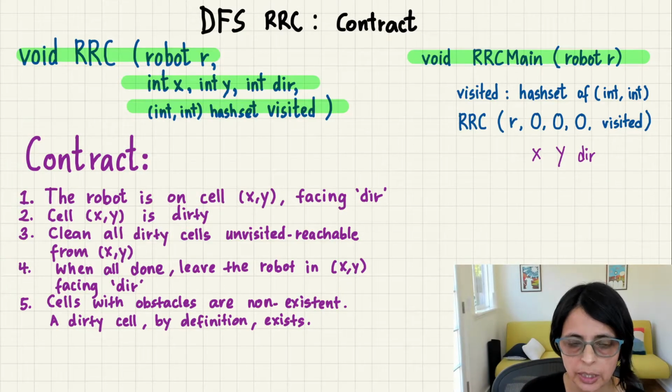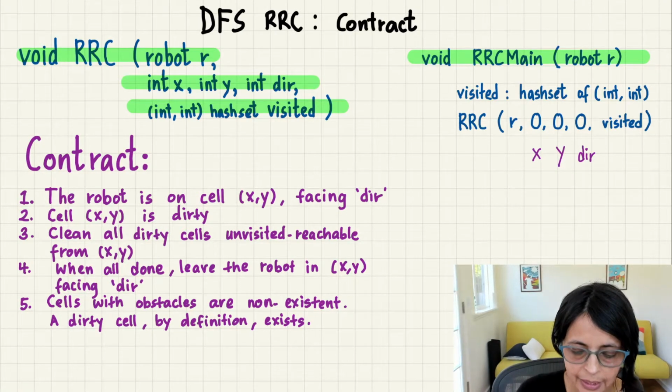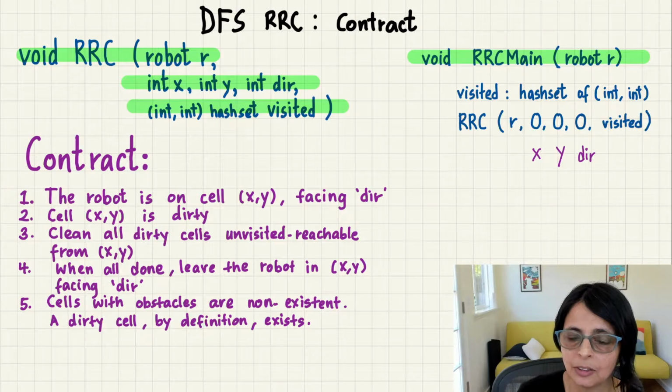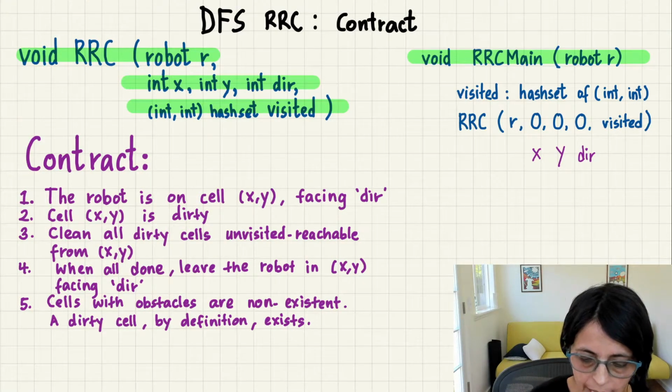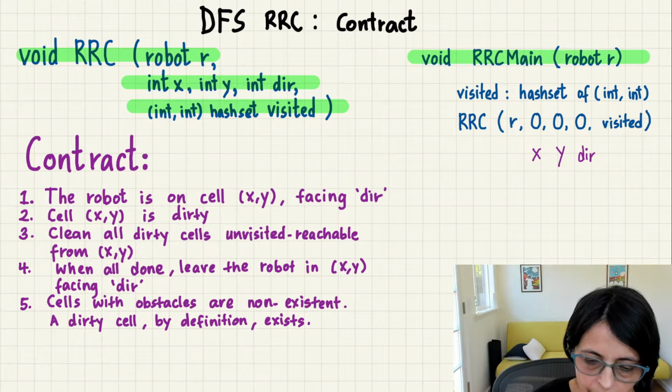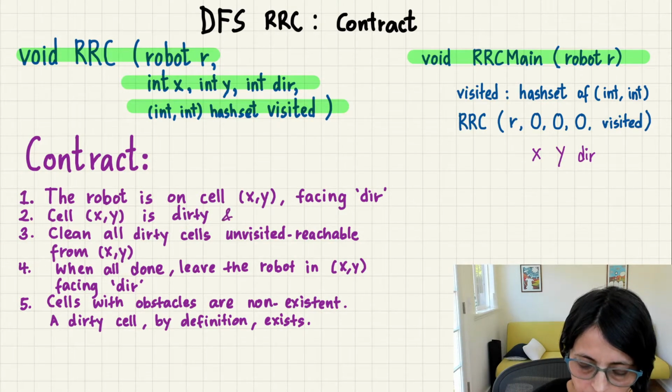So that's the function header. What is the contract? The robot is on the cell X, Y, facing direction dir. Cell X, Y is dirty and free.